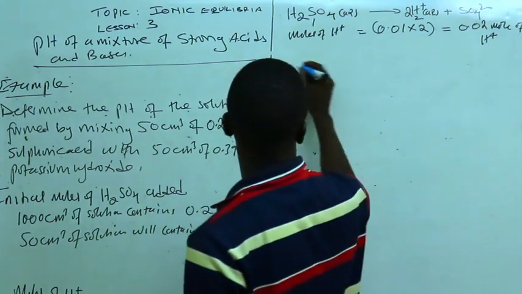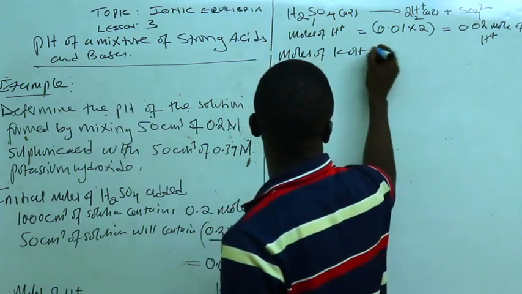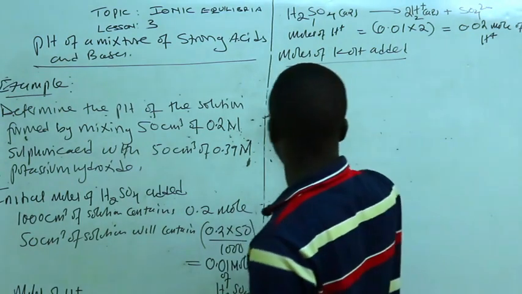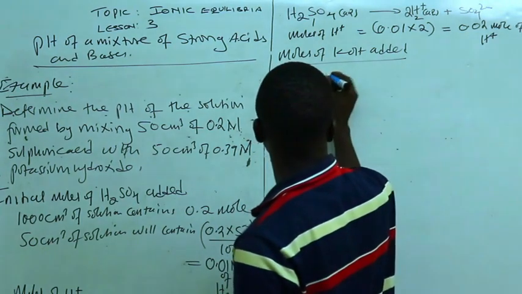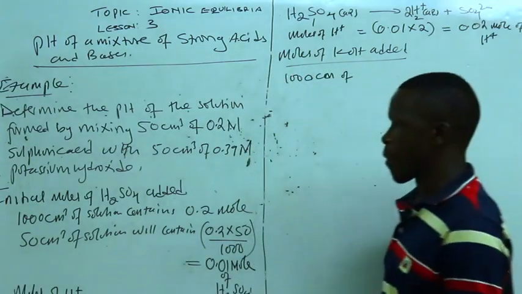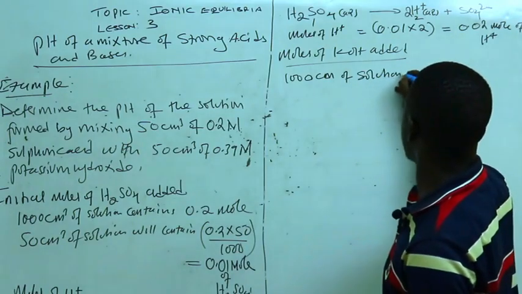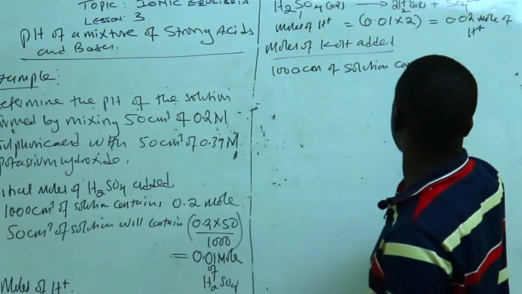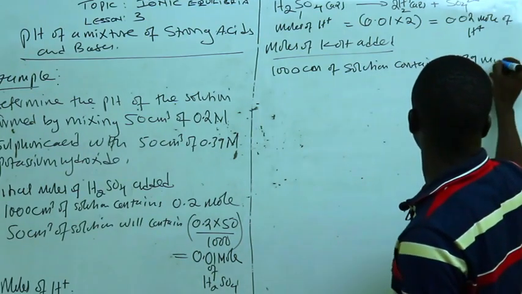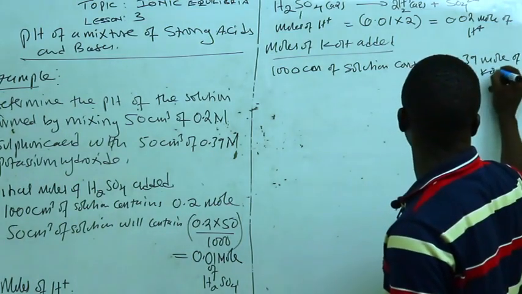Now we do the same for moles of potassium hydroxide added. We say 1,000 cubic centimeters of the solution contains 0.39 mole of potassium hydroxide.